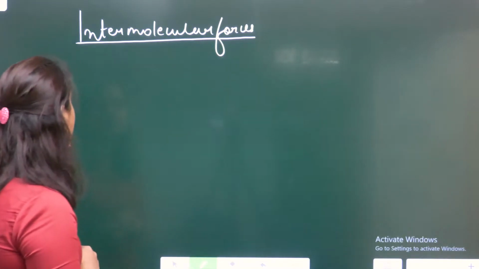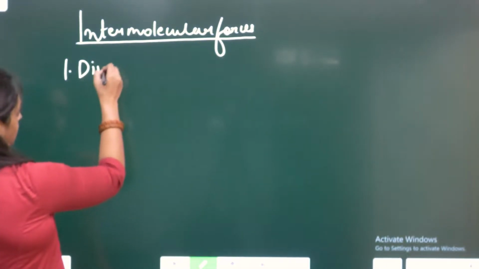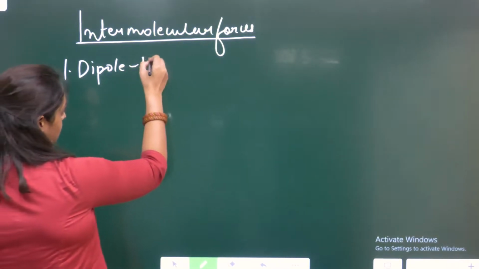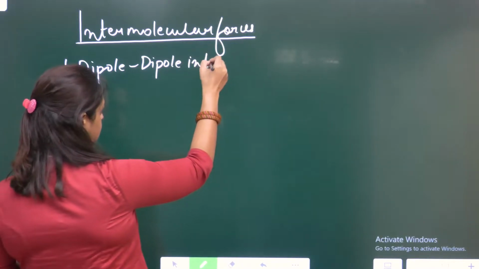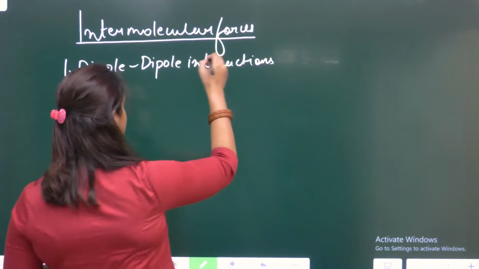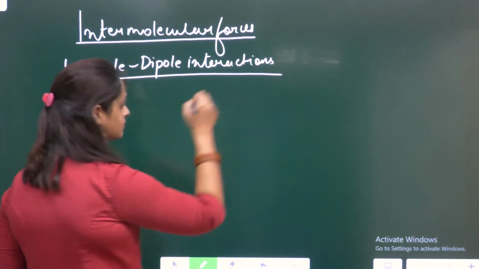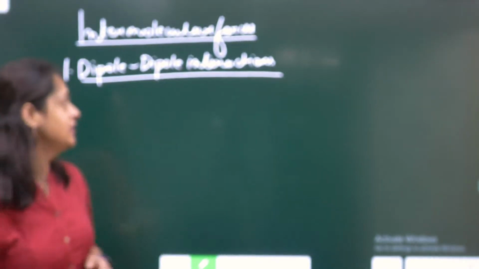Karan? Intermolecular. Dipole. Yes. Dipole interaction. What happens in dipole interactions? It happens due to the presence of permanent dipole.